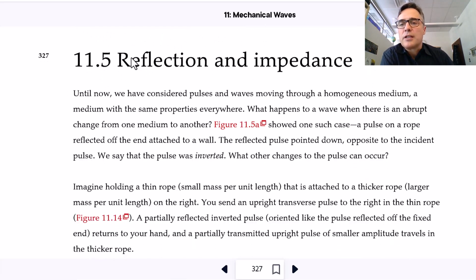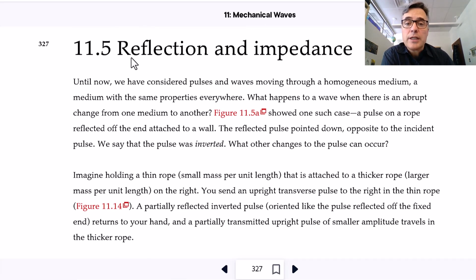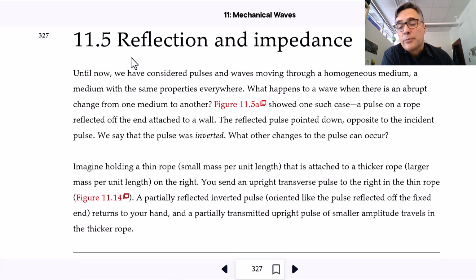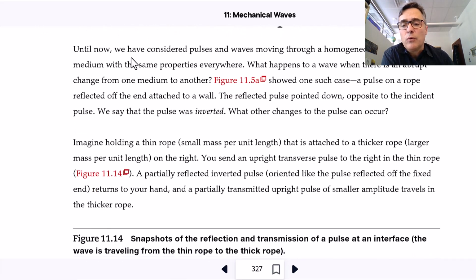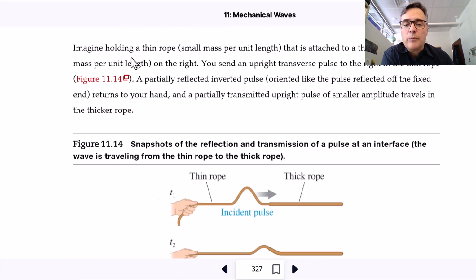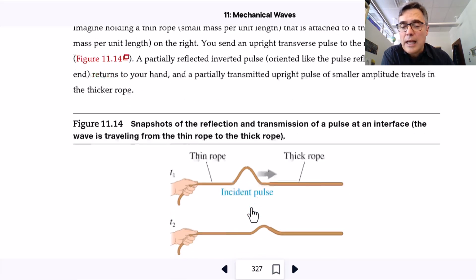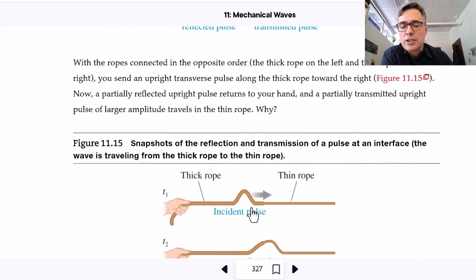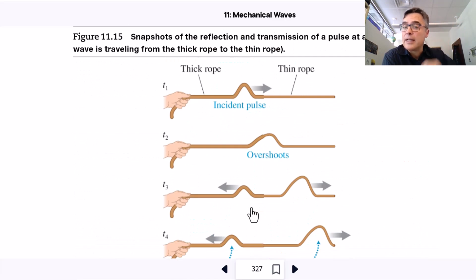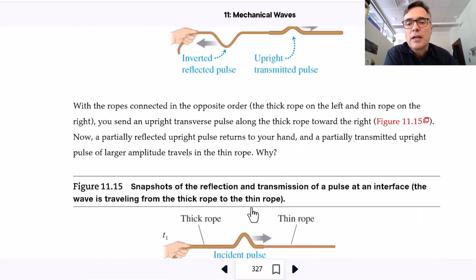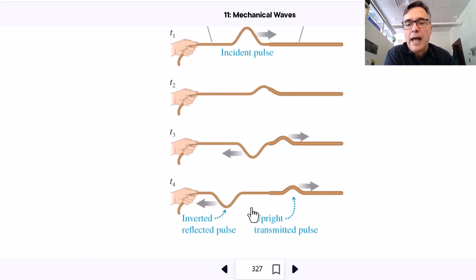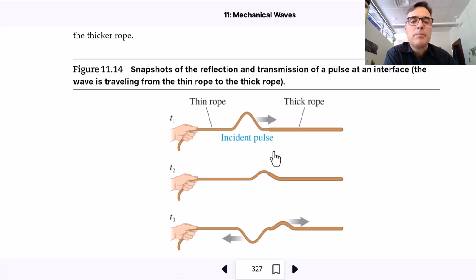Going back to section 11.5 on reflection and impedance. We did talk about reflection of waves a bit before, when the rope was attached to a wall as opposed to attached to a ring that could slide up or down. So this is talking about impedance. You could have a thin rope attached to a thick rope, so something has changed about the medium.